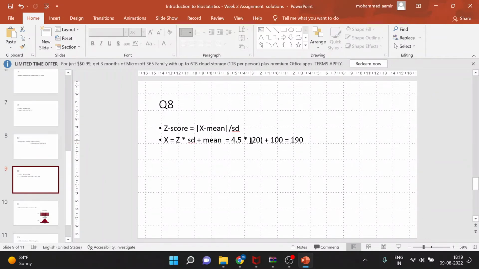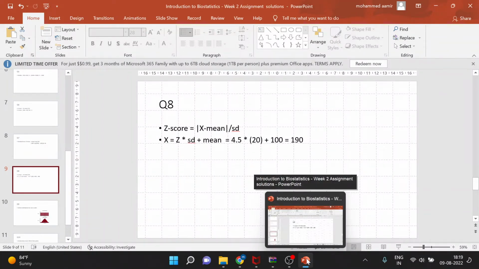That is 4.5 times SD, which is 20, plus 100. That is 90 plus 100, which is equal to 190. So basically a value of 190, given a mean of 100 and SD of 20, corresponds to the z-score of 4.5. So you just need to rearrange the terms, and this is just applying the formula directly.